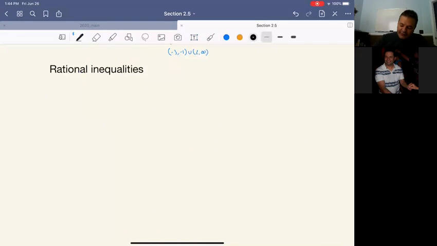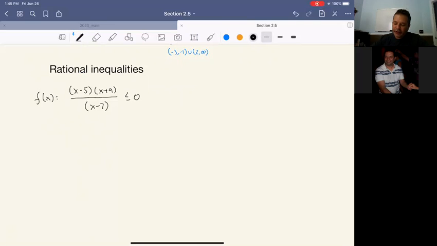So let's take y, or f of x, equals x minus 5, x plus 9 over x minus 7, and we're going to ask, when is this less than or equal to 0? Okay, now here I'm going to do the sign chart.